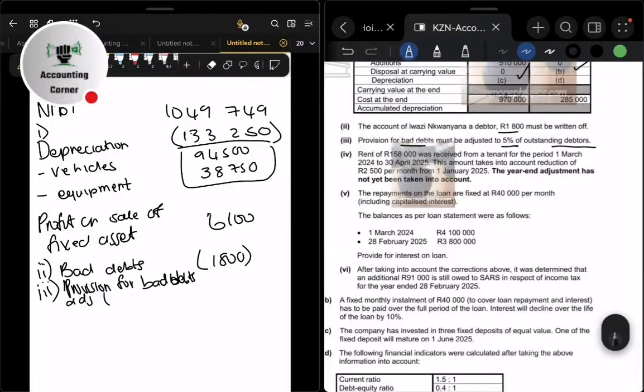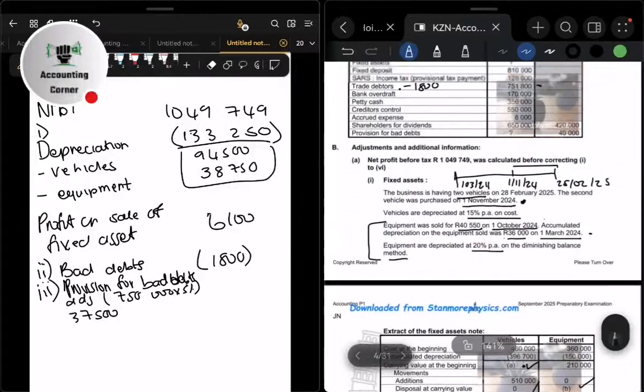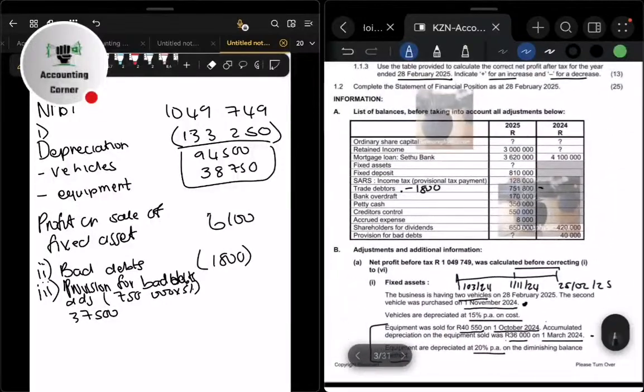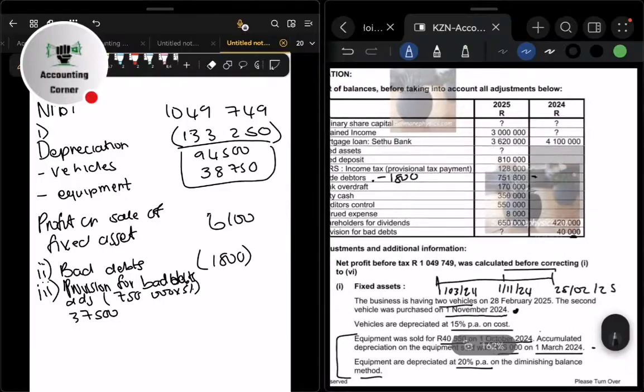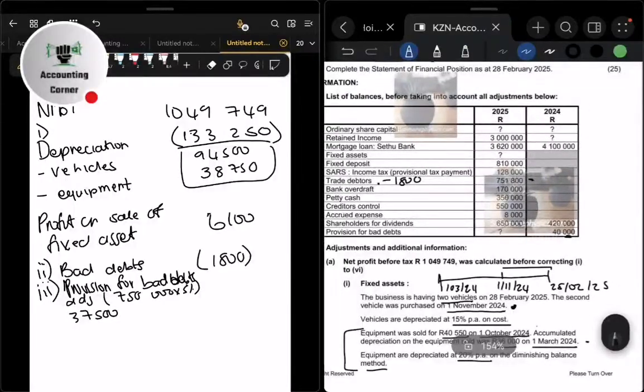We have 750,000 times 5%, and that'll give us provision for bad debts of 37,500. Then we need to see what was the balance for provision for bad debts in the previous year. So in the previous year, provision for bad debts was 40,000. So it went from 40,000 last year to 37,500 this year.